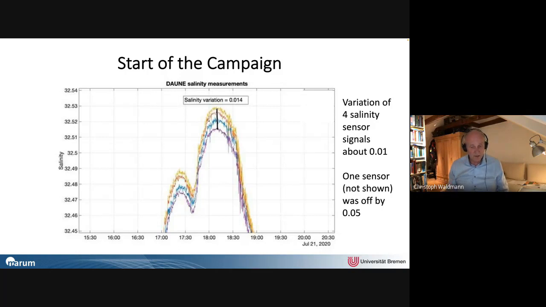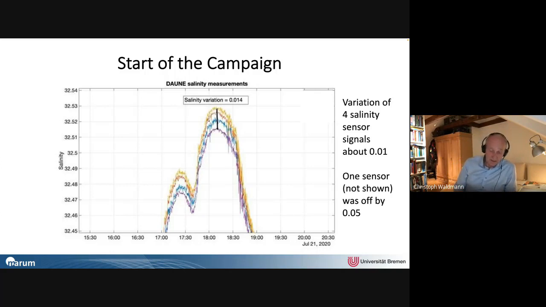And that was something that we were hoping would still prevail at the end of the campaign. And one sensor, not shown, was off by 0.05. So even though it was calibrated with all the other sensors at the same time, don't ask me what has happened to this.